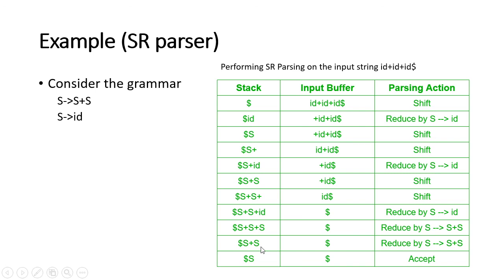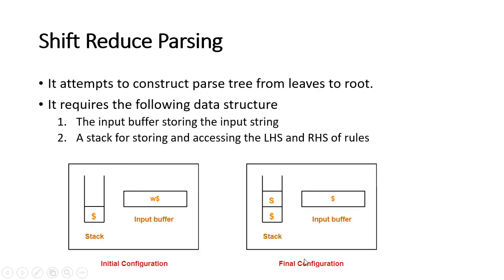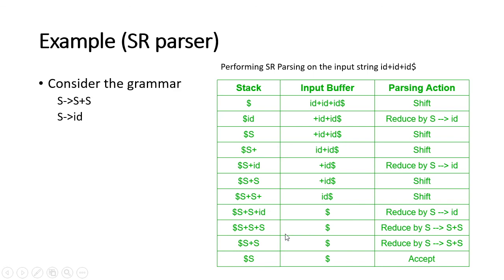Again S plus S gives you S. If it is the starting symbol S and the input is empty, then we call it an accept, because the rule says the final configuration should consist of dollar, the starting symbol, and the input should be dollar. So in the stack there's dollar S, and the input buffer is dollar, so we call it an accept. This is how shift reduce parsing works.